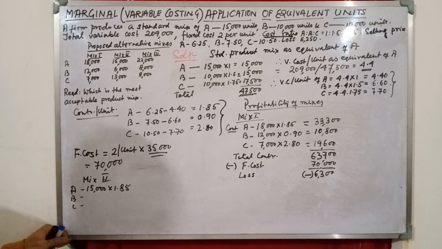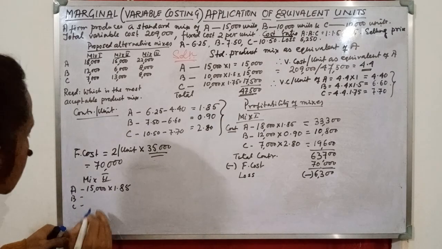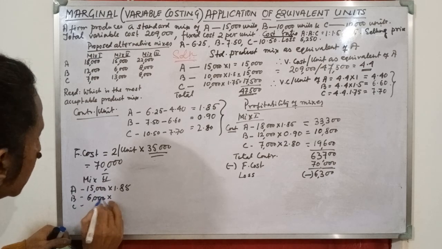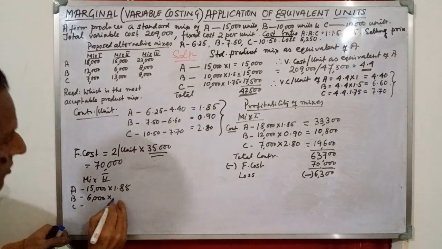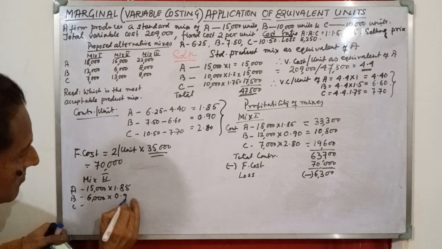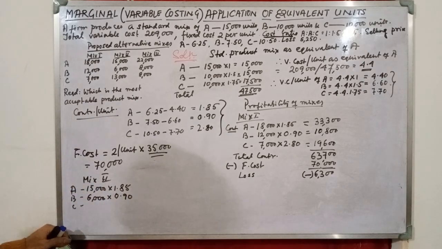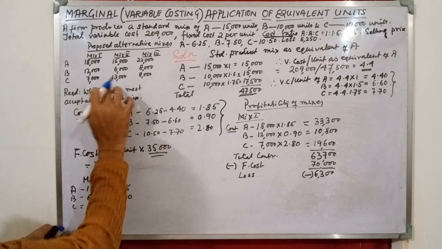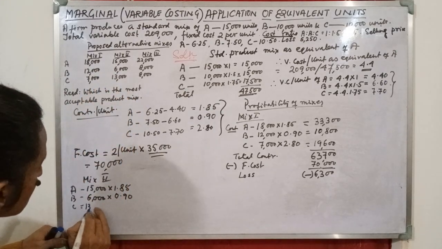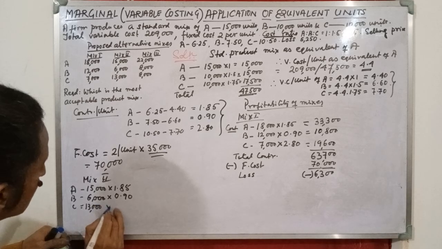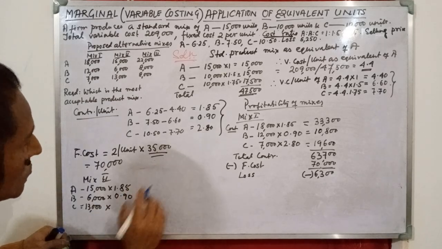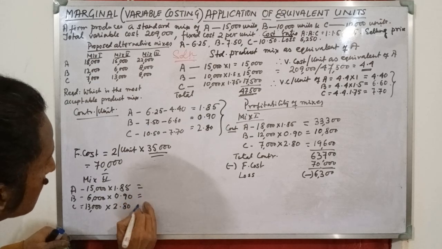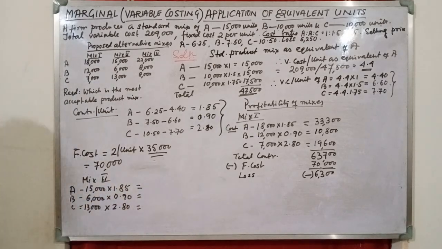Total contribution of B in product mix 2 is 6,000 into 0.90, and total contribution of C in product mix 2 is 13,000 into 2.80. Correct?